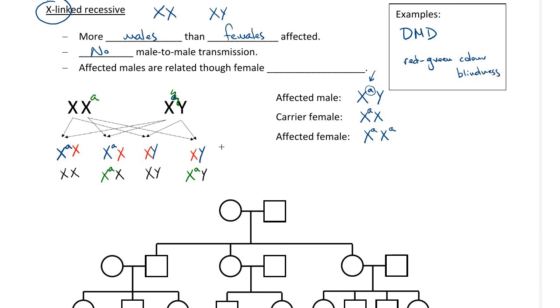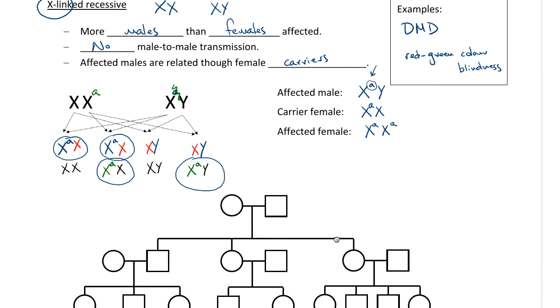And because of the genetics like we've seen here, affected males are related to each other through female carriers. You can see here that this affected male came from a carrier mom, and this carrier mom could have had a carrier mom herself, that's where this one came from, or she might have been the daughter of an affected father, that's where these came from. So affected males are related to each other through female carriers.